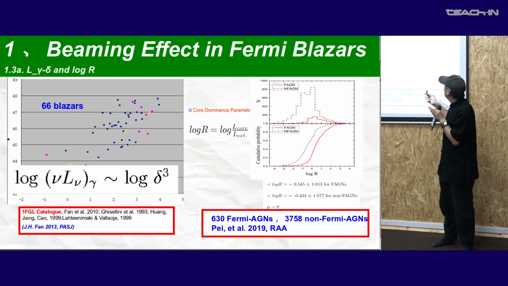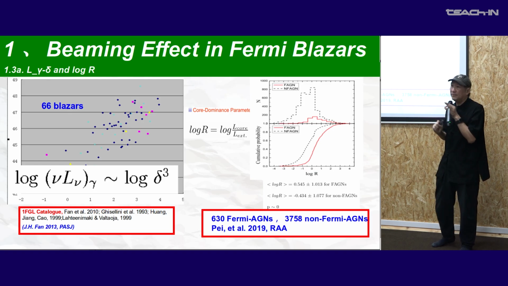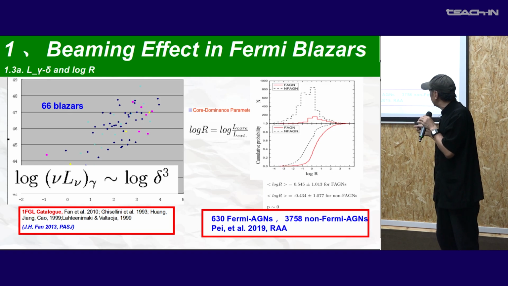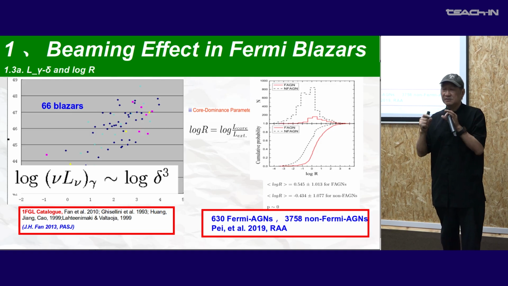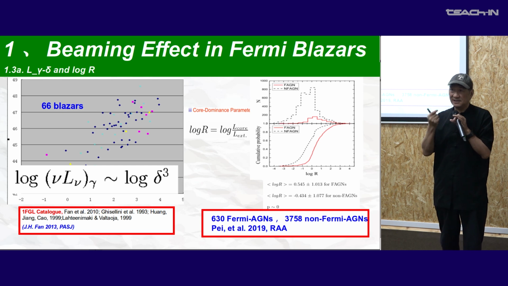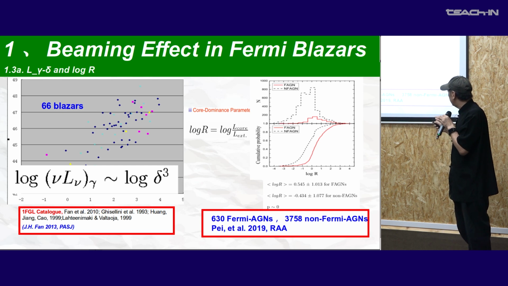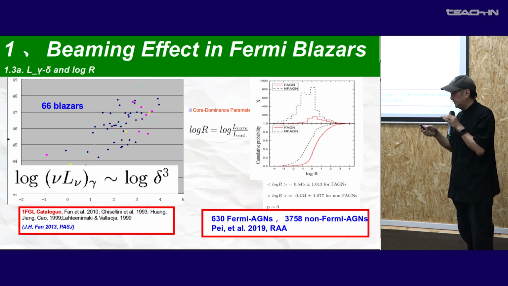So we can see Fermi blazars have a higher core dominance parameter than the non-Fermi blazars. This result suggests that Fermi blazars have a strong beaming effect because the core emission is boosted.